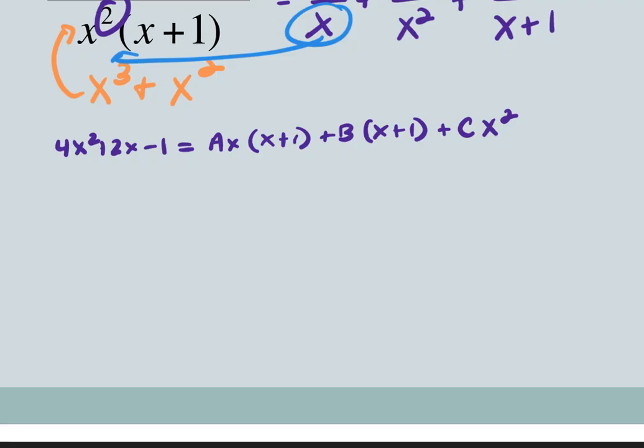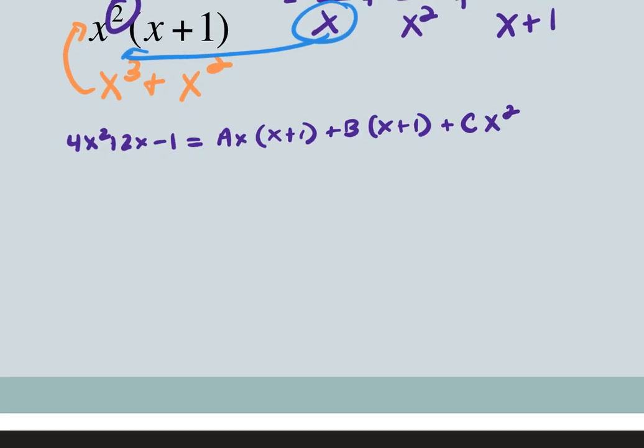Well, if I take a 0 and plug it in, this guy's going to cancel out, this guy will stay, so I could solve for B. If I take a -1 and plug it in, this guy's going to cancel out, there goes the A, and this guy's going to cancel out. I could get the C. But then I have nothing left to plug in to get my A. So we cannot do repeated factors the way we do the first method. Does that make sense?